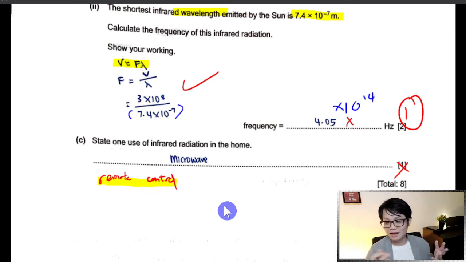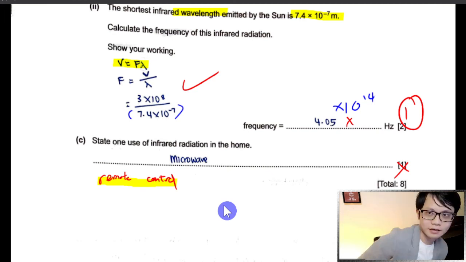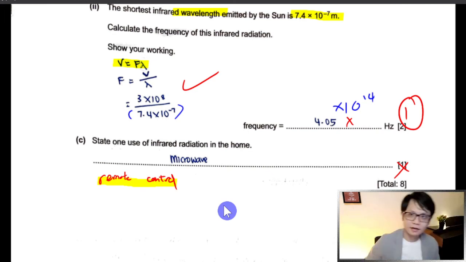Last time handphones had infrared. I still remember I had a Xiaomi phone, an old model, so I could use my phone to turn on the TV or the aircon or whatever thing that has infrared. I can adjust the frequency of my phone, then I can turn on the TV or the aircon. But nowadays the infrared remote is getting less common.